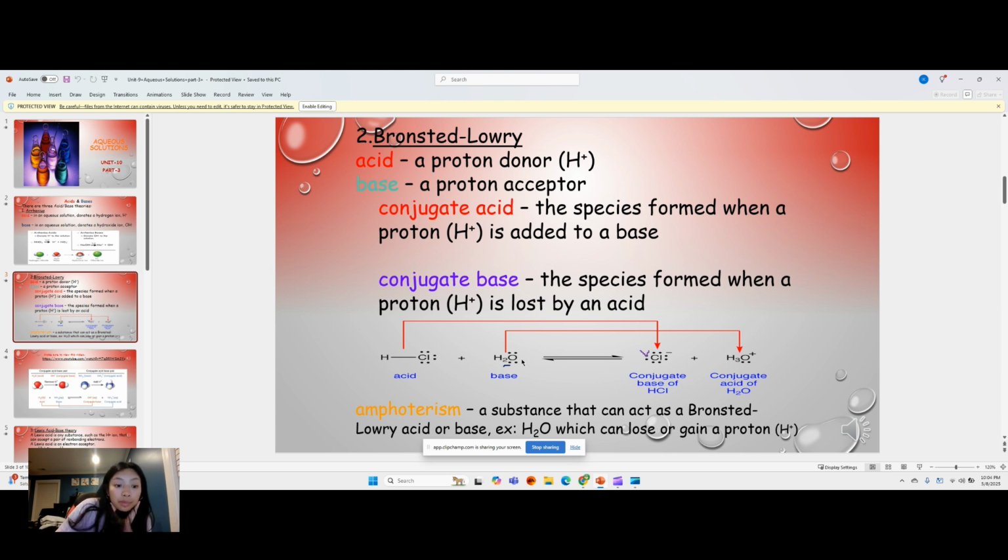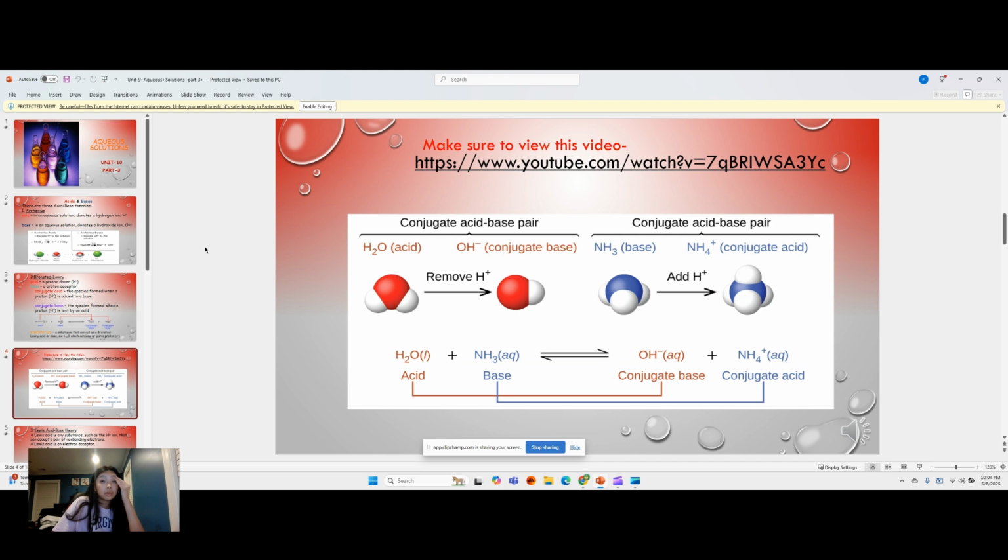Then your base will accept that hydrogen atom, and it will form hydronium. Hydronium is the H3O plus ion. So this is just going over conjugate acids and conjugate bases.